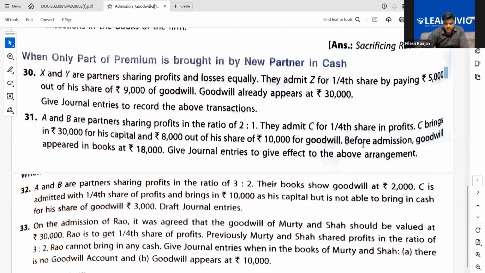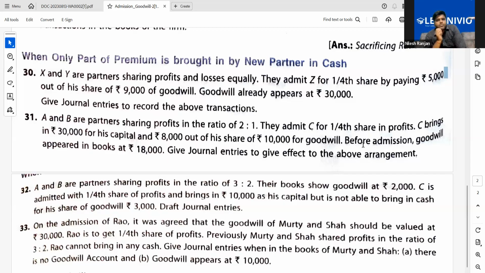And then premium of goodwill account 10,000, to A's capital account 6,000, to B's capital account 4,000. And these two entries are done.